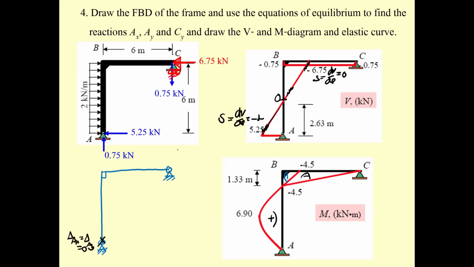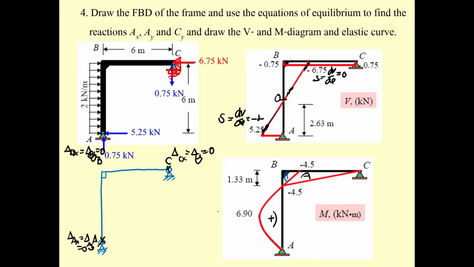And delta sub Cx equal to delta sub Cy equal to zero. Since A and C cannot move, the point B cannot move, so there is no axial deformation for the column and the beam. Then you will have delta sub dx equal to delta sub dy equal to zero.